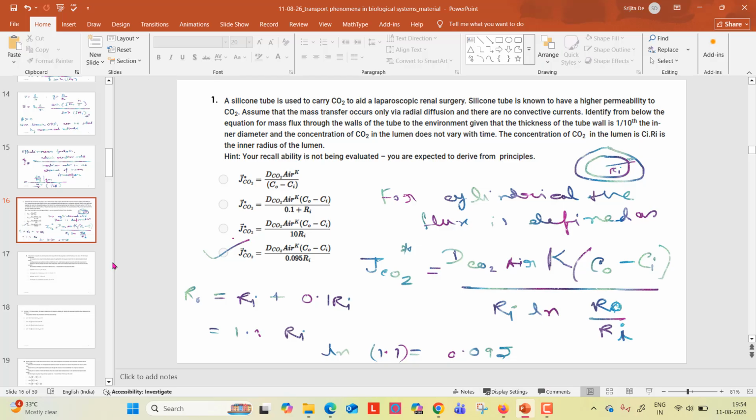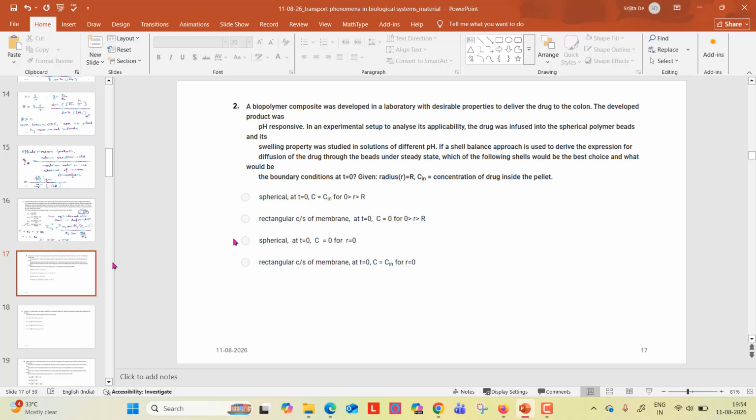Next. Question 2: a bipolar composite was developed in a laboratory with desirable properties to deliver the drug to the colon. The developed product was pH responsive in an experimental setup to analyze its applicability. The drug was infused into the spherical polymer beads and its swelling property was studied in solutions of different pH.